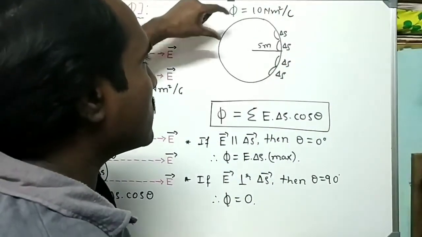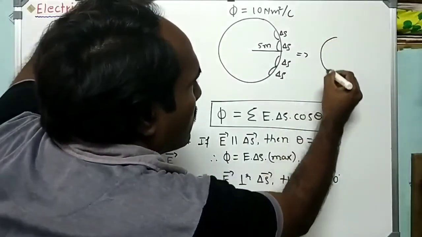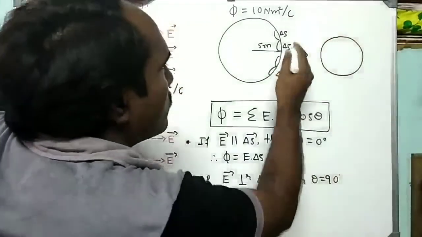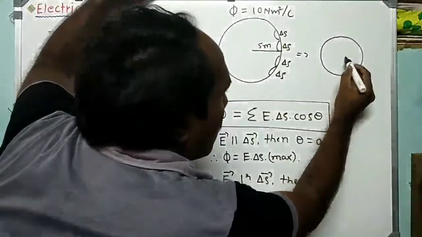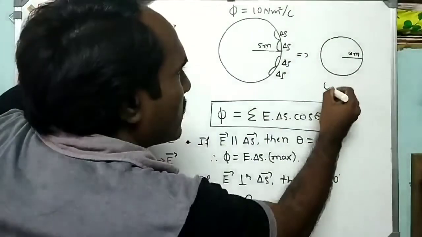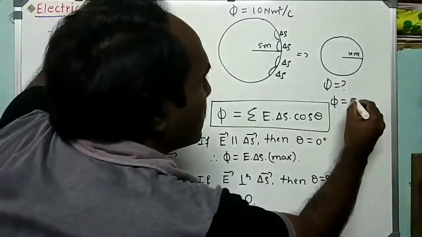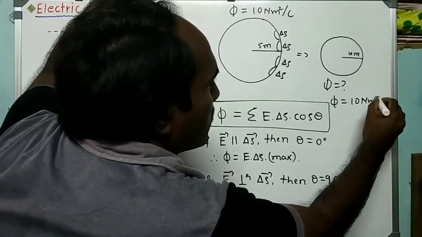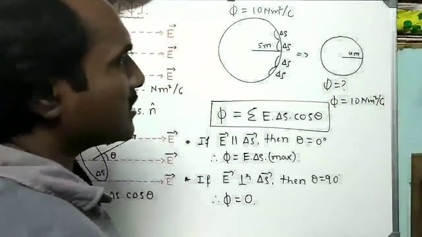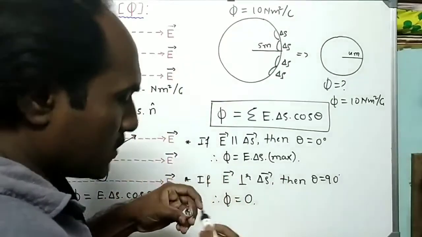If I reduce the size of this sphere to a radius of 4 meter, then what is the flux? Here the flux remains the same, that is 10 Newton meter square per coulomb. This means that whatever the size, flux is not going to change.